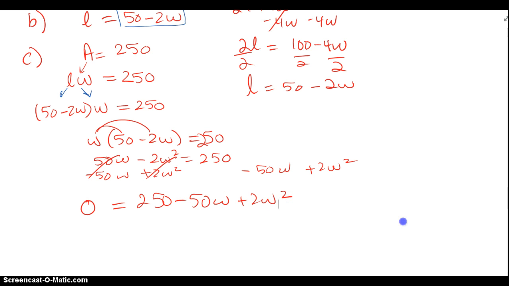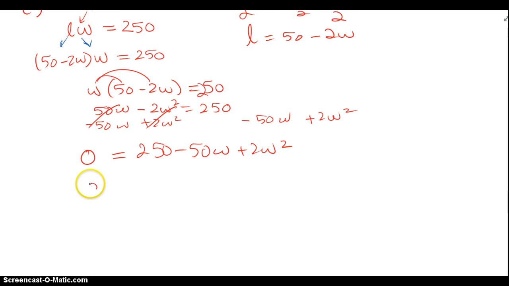I'm going to write it in standard form, which it already really is in standard form, but I like my 0 on the right side. So there is the equation in standard form set equal to 0. Now I can try factoring this and popping out the solutions for W.